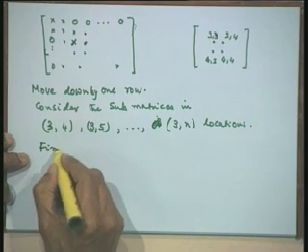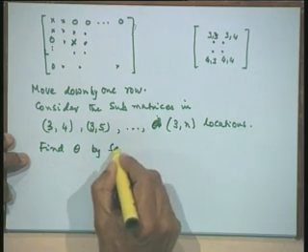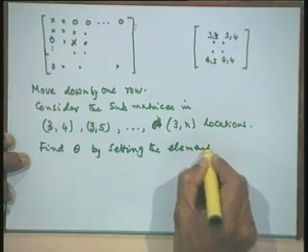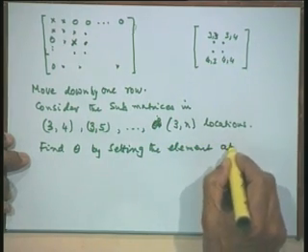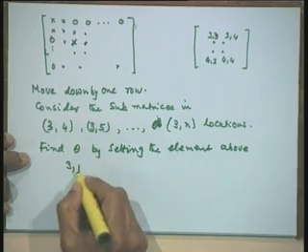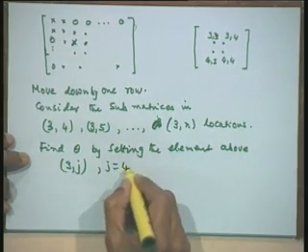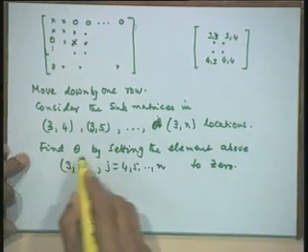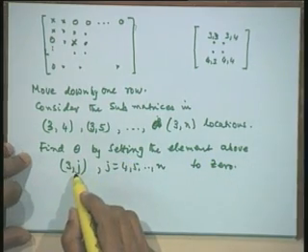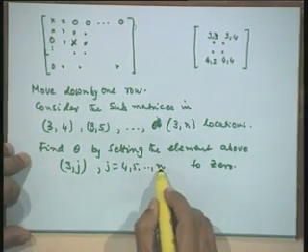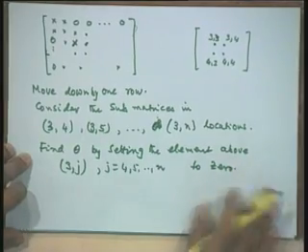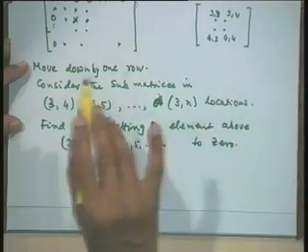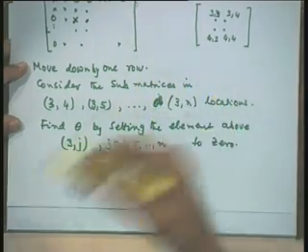So, find theta by setting the element above 3 j, that is j equal to 4, 5 and so on to n, to 0. Find theta by setting the element above this 3 j element, that is 3 4 or 3 5 to 3 n, to 0. Then this will give us zeros in the third row starting from the fourth element and correspondingly this one.